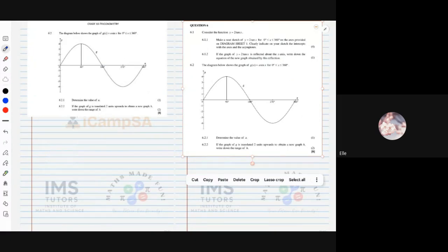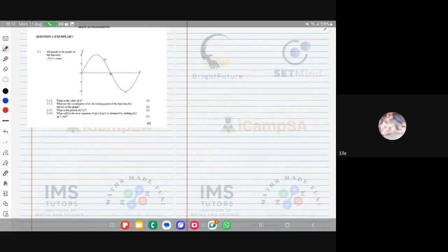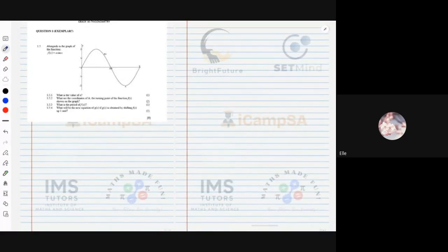Okay, so we have two same things here. I don't know how we ended up getting to them, but again, it's okay. We'll deal with it once we get there. Let's go ahead. Alongside is the graph of the function f, so f(x) = a sin x. a is our amplitude.